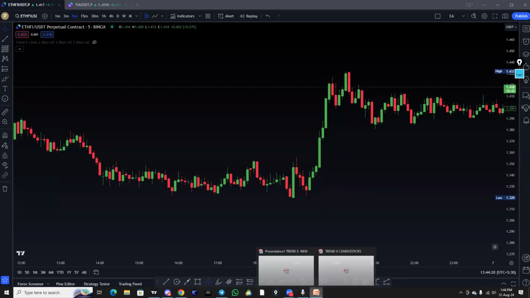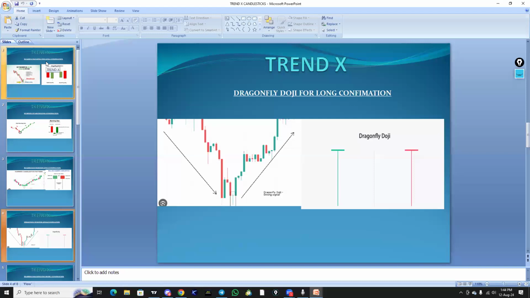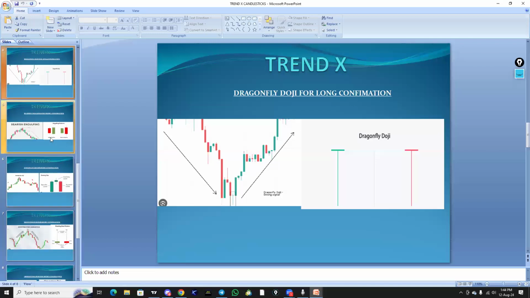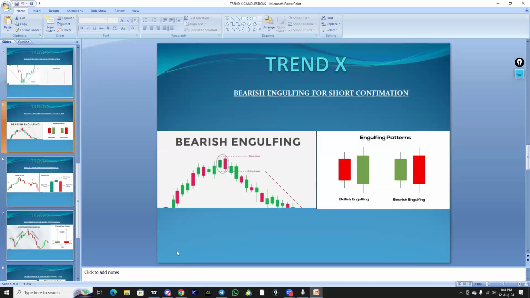Okay, now the candlesticks I showed you, those four exactly opposite candles are for short positions. When I say short positions, just remember, we'll go back to my TrendX PDF here. Yeah.